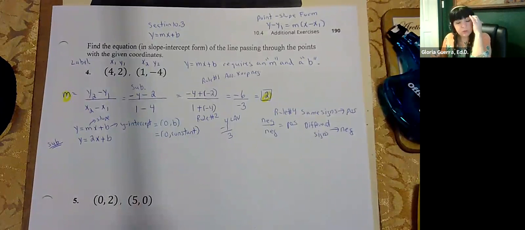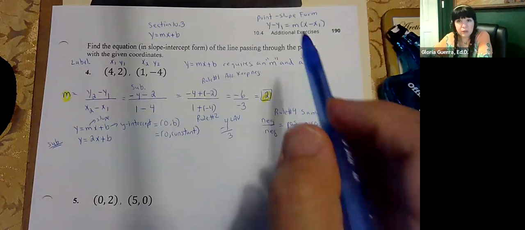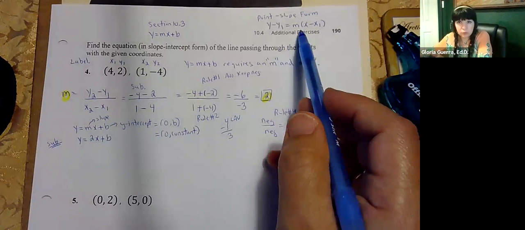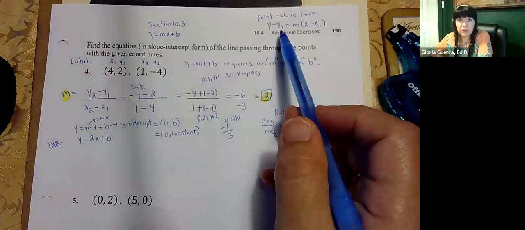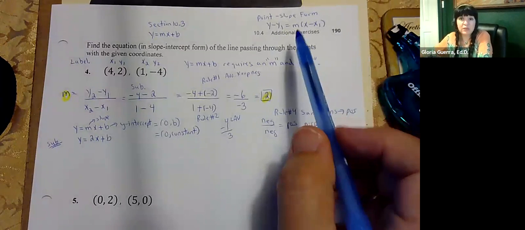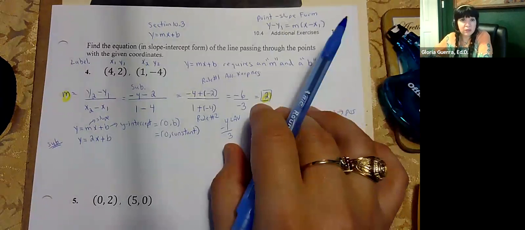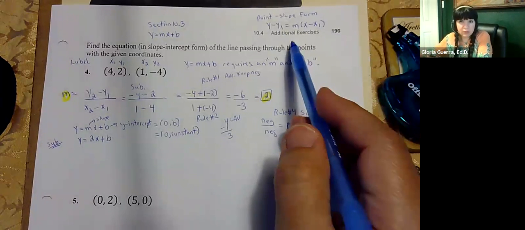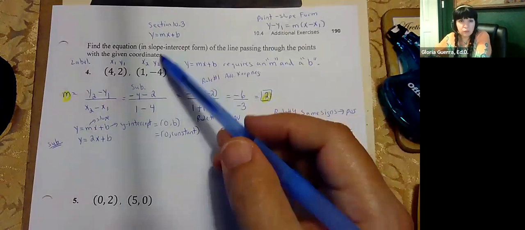I'm going to show you 2 methods of finding the b. The first method is using the point-slope form. This is really one of the reasons why the book provides this point-slope form, and why these problems are in this section, because you kind of get stuck with this format.